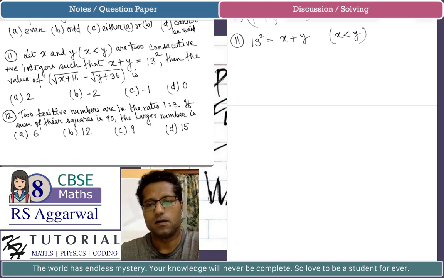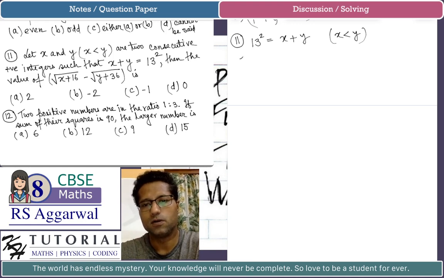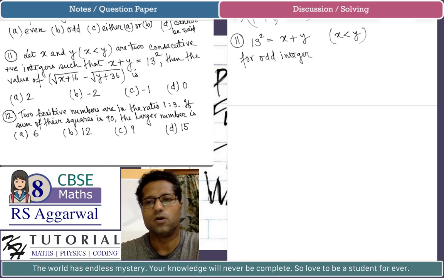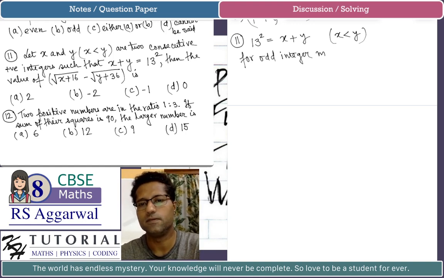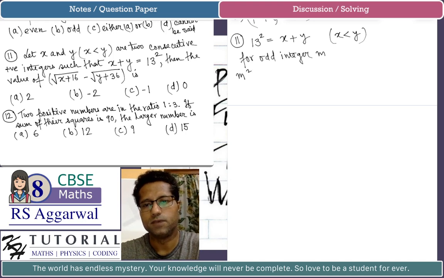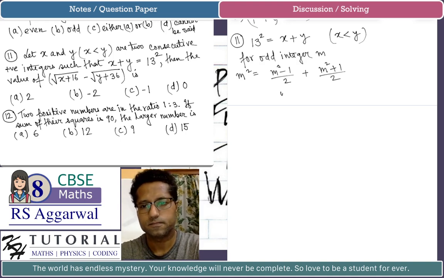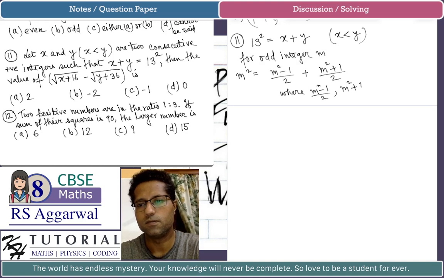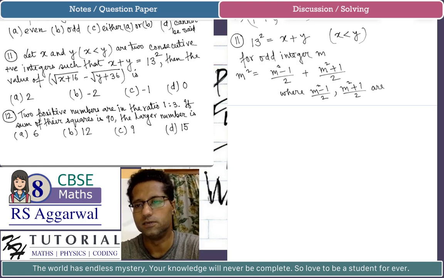If m is an odd positive integer, m square can be expressed as (m square minus 1) by 2 plus (m square plus 1) by 2, and you will see that (m square minus 1) by 2 and (m square plus 1) by 2 are consecutive integers.